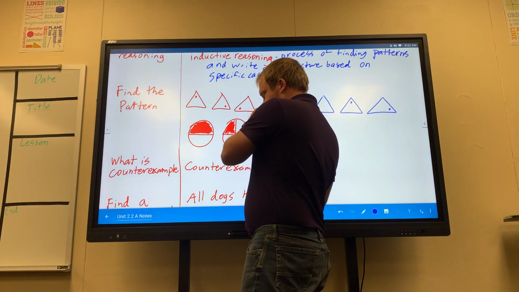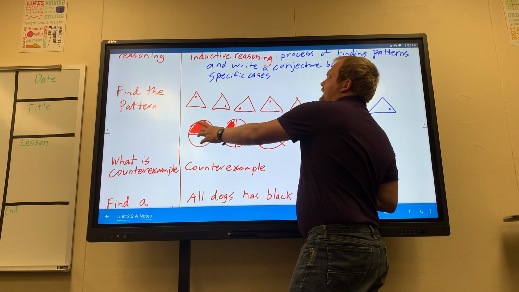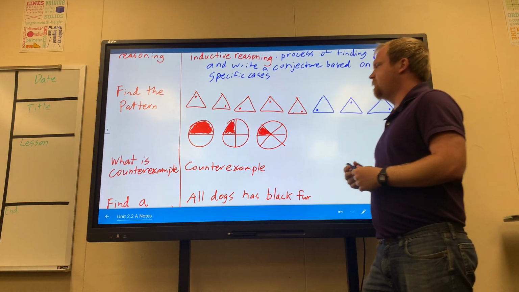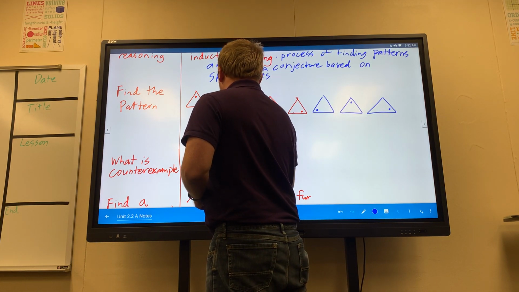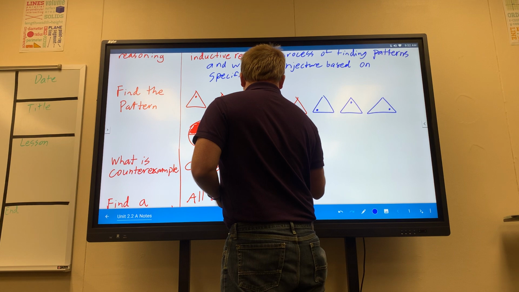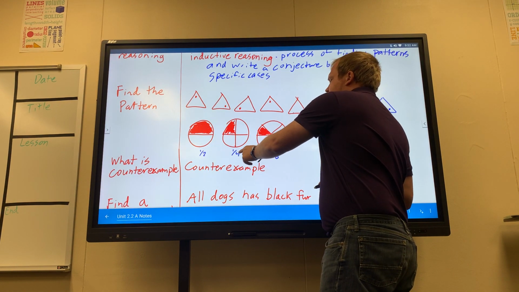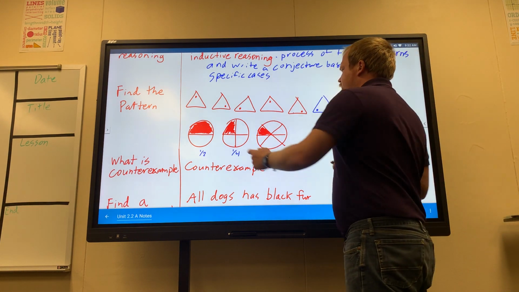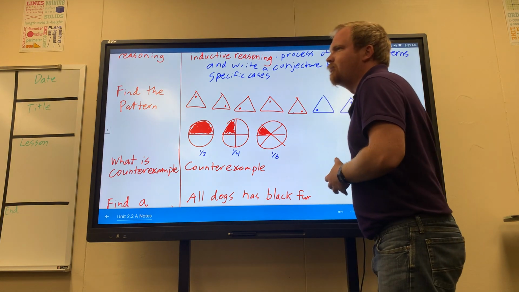Now the second pattern right here, I have three circles. I have 1/2, 1/4, and 1/6. So obviously, just thinking about it, it's 1/4, 1/6, so it's going to be 1/4, 1/2, 1/4, 1/6. I'm thinking, well, if the denominator is going by 2 each time, that's one way to look at it.